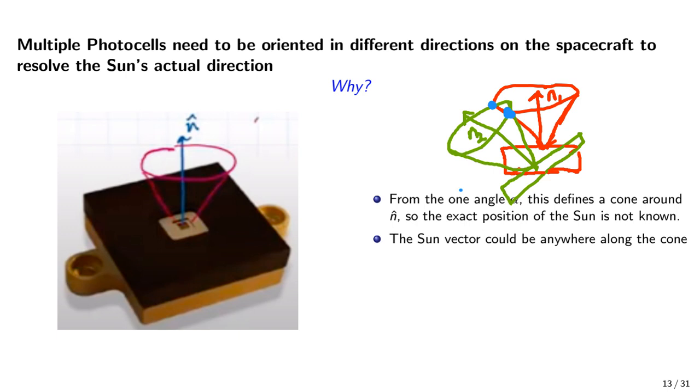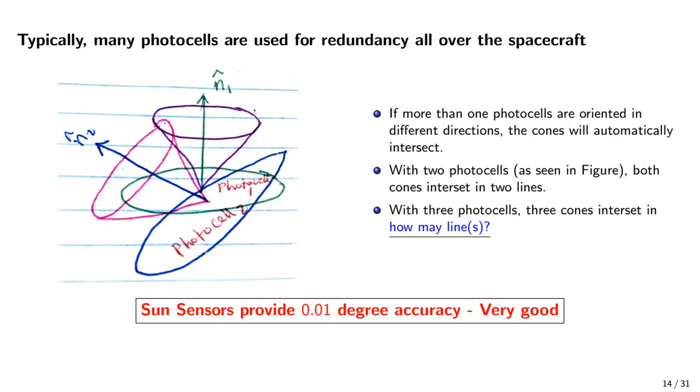So this is the diagram that we drew on that slide. When you use these multiple photocells, it creates redundancy all over your spacecraft, and it's very useful. It's just like running a simulation. If you run for only one iteration, considering you're doing maybe probabilities, that will not be the exact value or answer which is required.